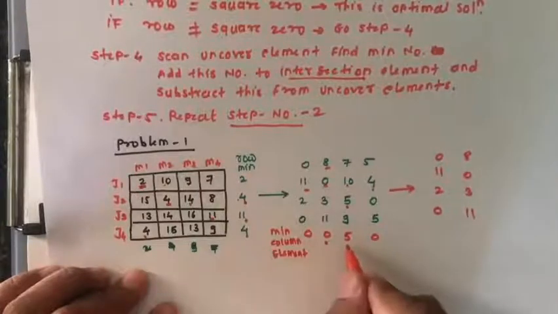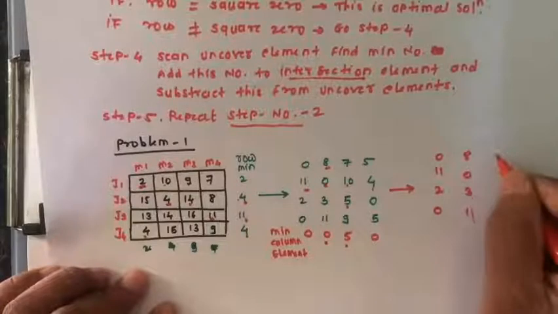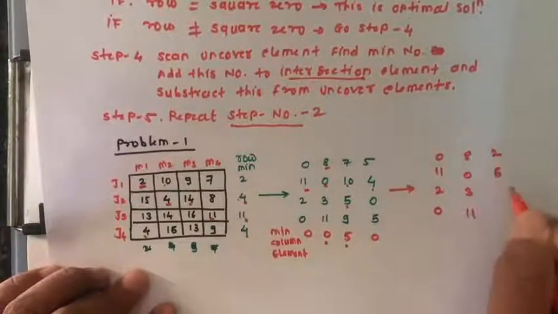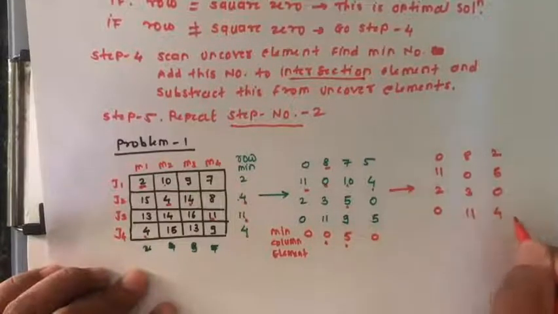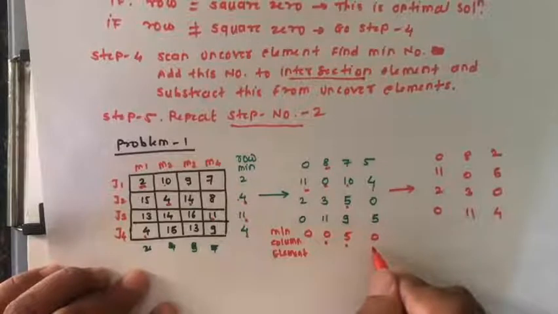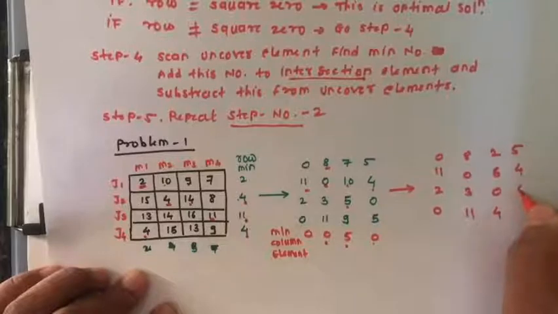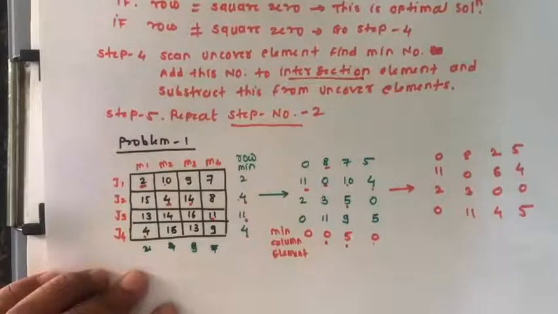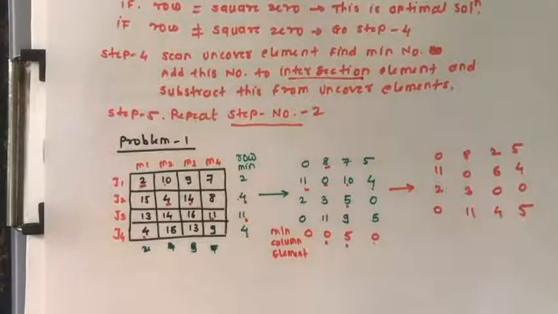When we subtract 5 from the third column, we get 7 minus 5, that is 2, 10 minus 5, that is 5, 5 minus 5, that is 0, and 9 minus 5, that is 4. After that, when we subtract 0 from the last column, we get the same numbers: 5, 0 and 5. So this is step number 2, the row reduction and column reduction. This is a very simple step.